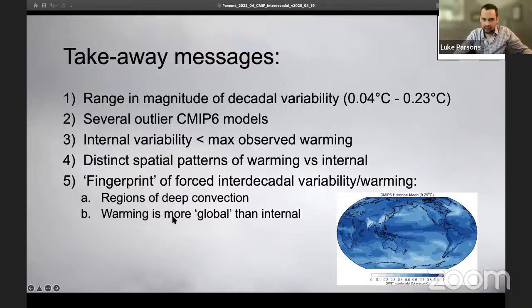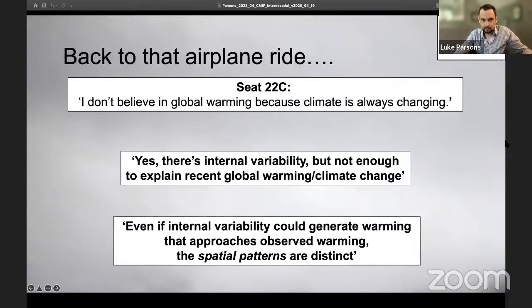Also, warming is more truly global than in the control runs of the models, where it's much more regionally or hemispherically driven over certain ocean basins. So even if internal variability could generate warming that approaches observed warming, the spatial patterns tend to be distinct if we look at coherence of global and local variability on these longer timescales.